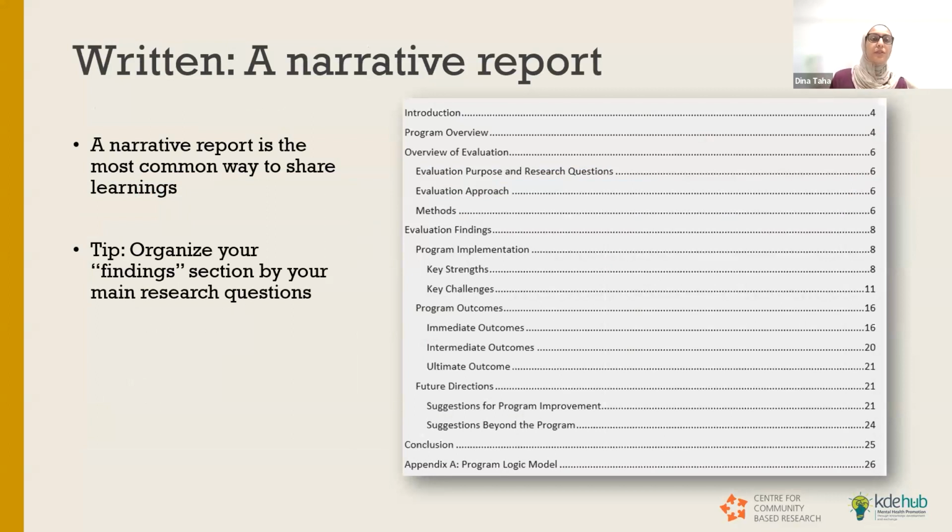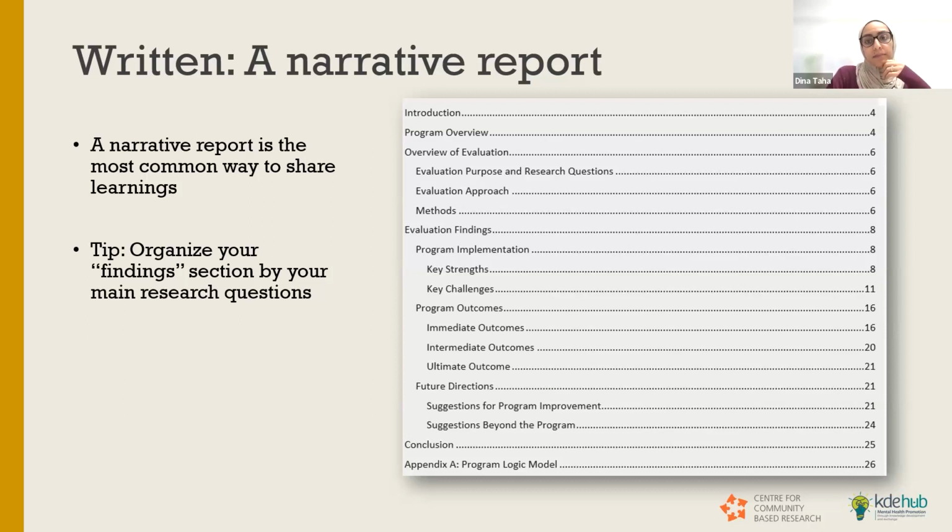Okay, so here are a few examples of what knowledge mobilization outputs, strategies, tools, or products could look like. One of the most common ways for knowledge mobilization or end of project reporting is a narrative report. Here's an example. We included a table of content just to give you an outline.